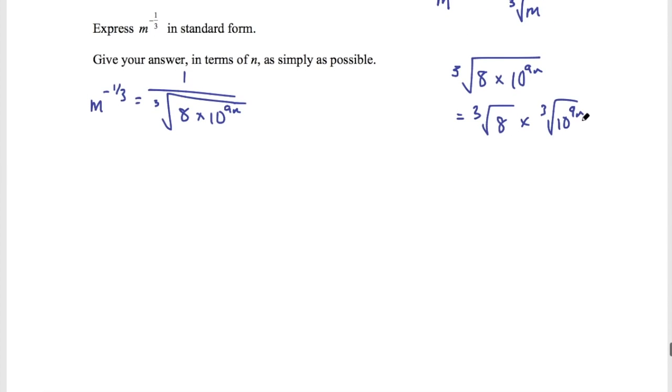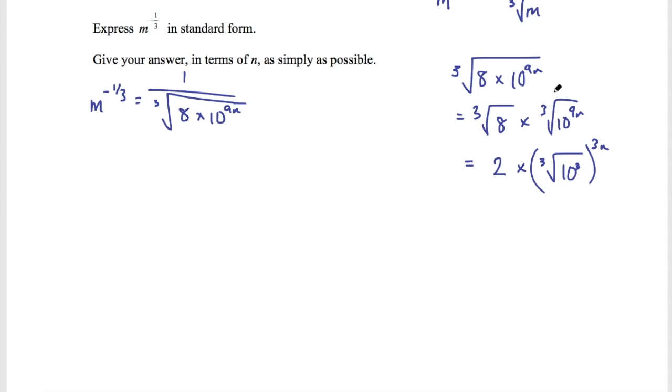So if we split them up like that, well, the cube root of 8 is 2. And the cube root of this, well, because it's to the power of 9, you could write this as the cube root of 10 cubed, and then you could put that all to the power of 3n. So I've split that 9n up into 3 times 3n.